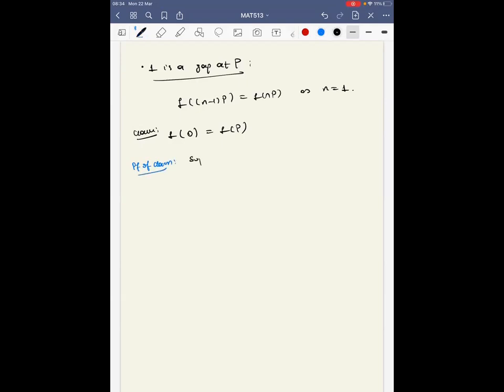So let me suppose towards contradiction that L of 0, the full constant field, lies in the space L of P properly.